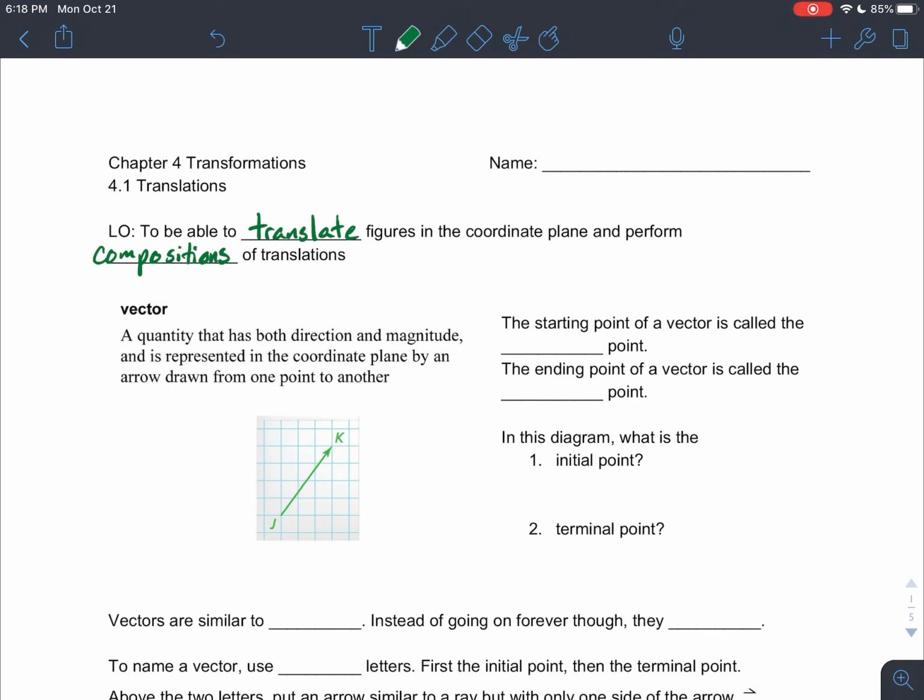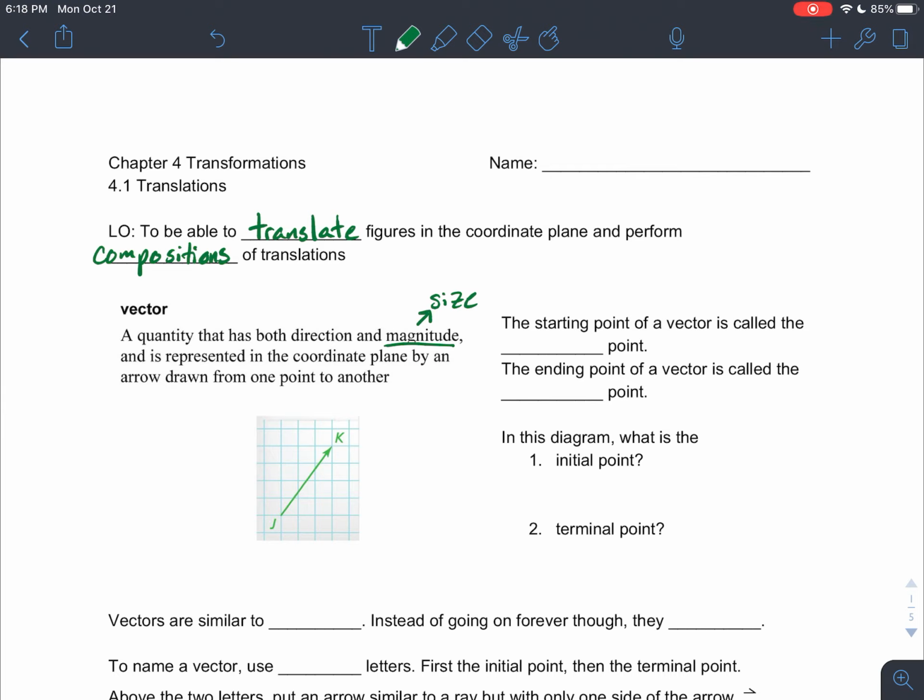So the formal math definition of a vector is a quantity that has both direction and magnitude and is represented in the coordinate plane by an arrow drawn from one point to another. So that word magnitude, that means size. It has direction and size. So we've got a couple of different ways to think of a vector.